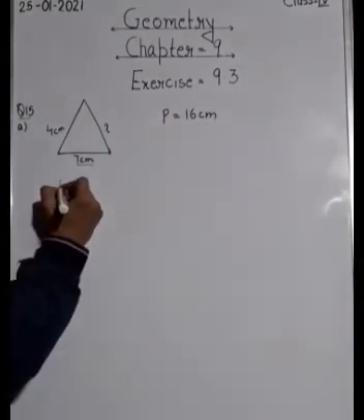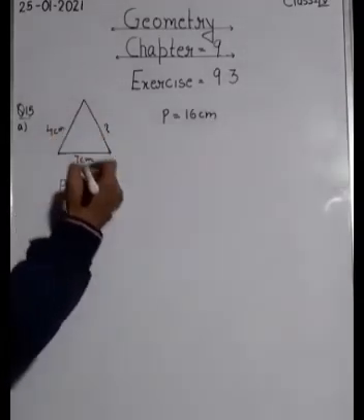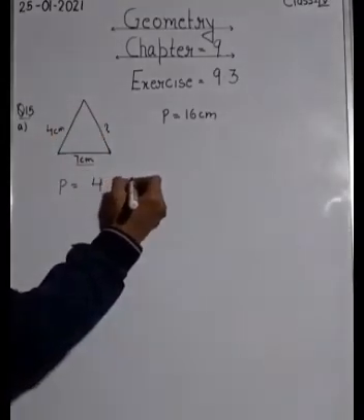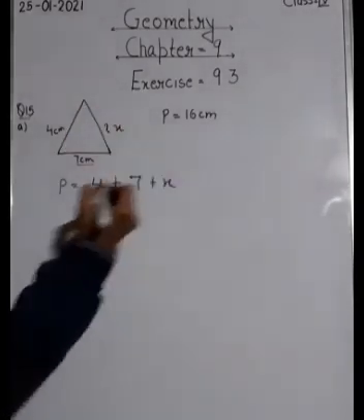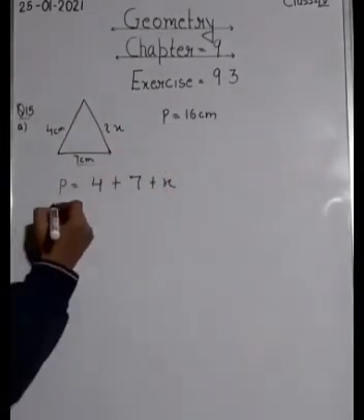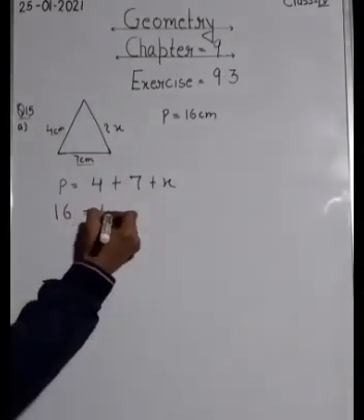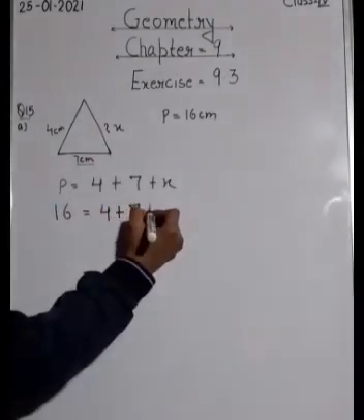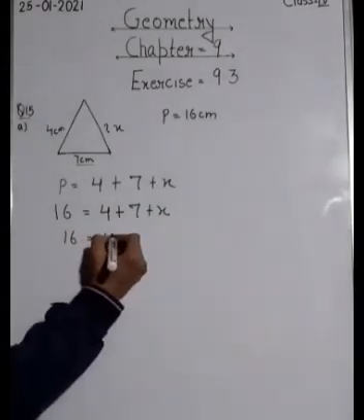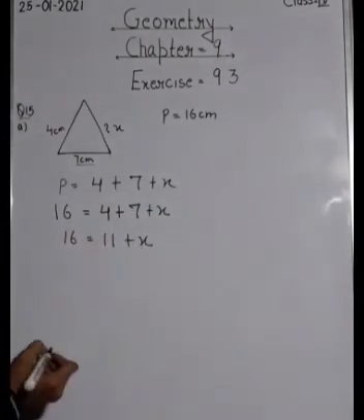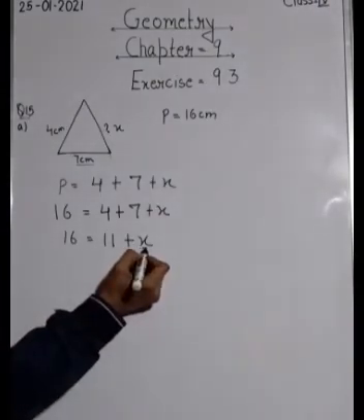Now we know that perimeter is equals to sum of all the sides. So this will be 4 plus 7 plus this side will be considered as x. Clear? Now what perimeter they have given you? 16. So 16 is equals to 4 plus 7 plus x. Or 16 is equals to 7 plus 4 will be 11 plus x. Now you have to find the value of x.